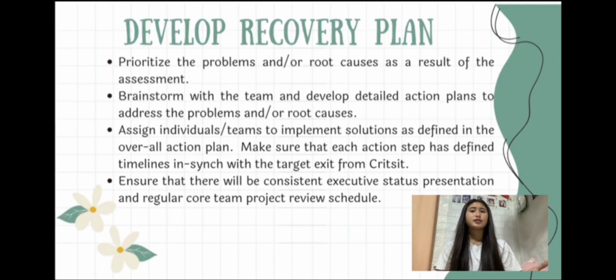This ensures that the most pressing issues are addressed first, allowing for quicker recovery and minimizing further disruption. Once priorities are set, the CRIT team engages in collaborative brainstorming to formulate detailed action plans tailored to each problem. These plans should be specific, measurable, and aligned with the overall recovery objectives.